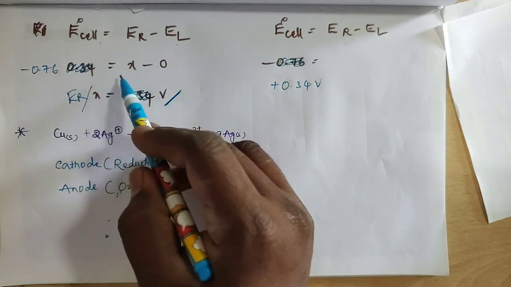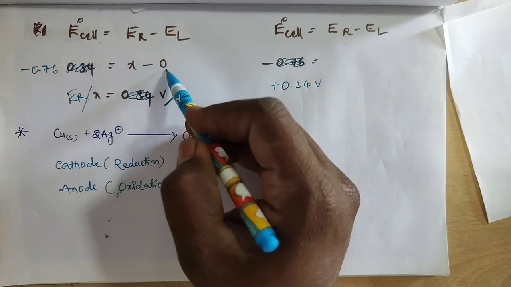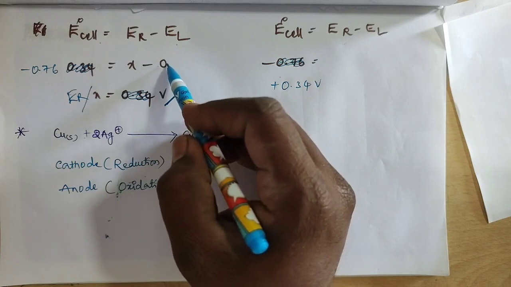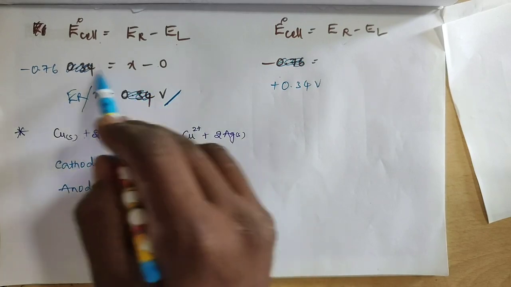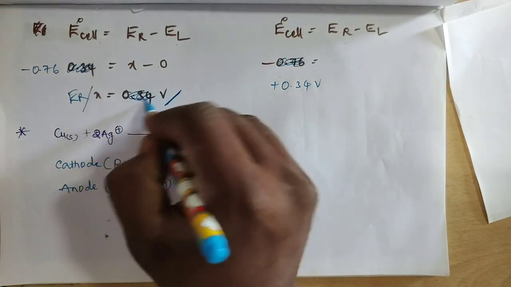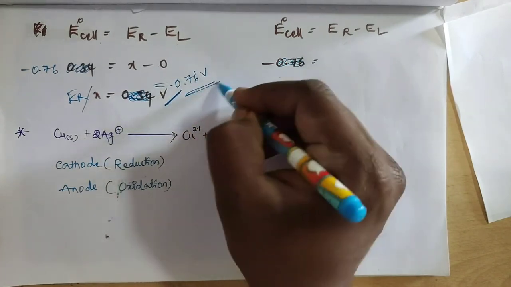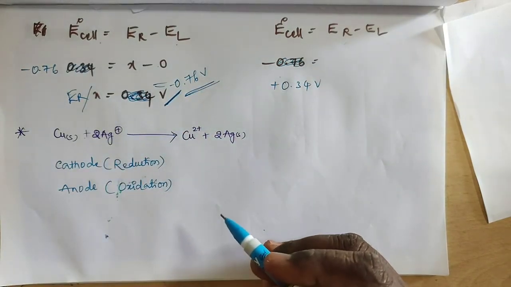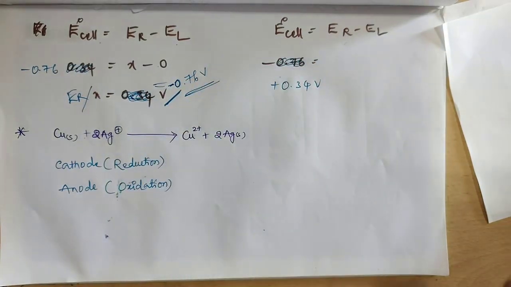So minus 0.76 equals E right. We don't know the E right value, so that is X, and the E left value is the standard hydrogen electrode potential value, 0. So X equals minus 0.76 volts. So this is a negative reduction potential value. Why do we get the negative reduction potential?